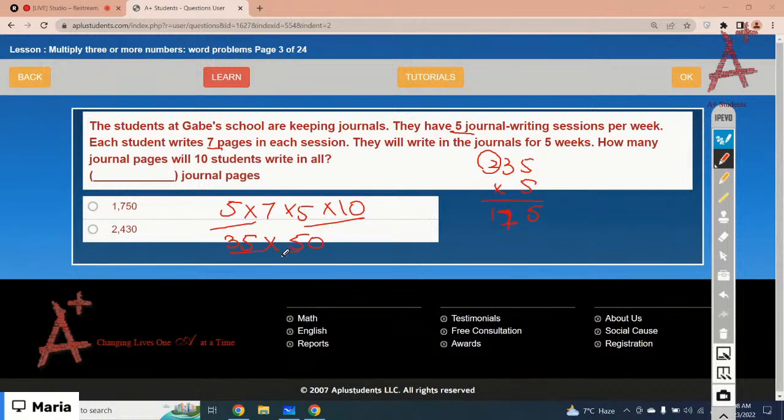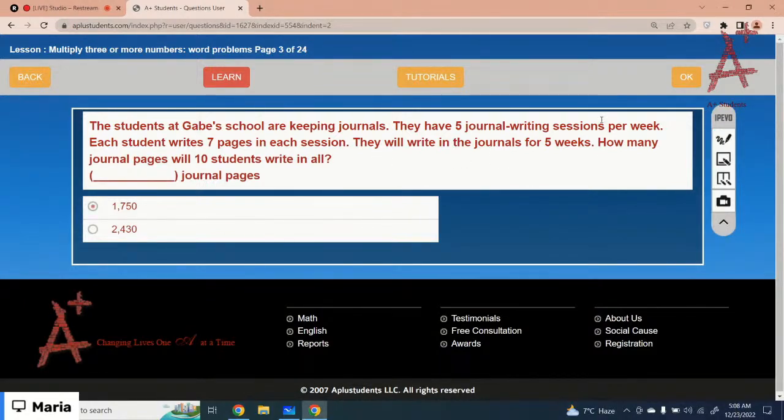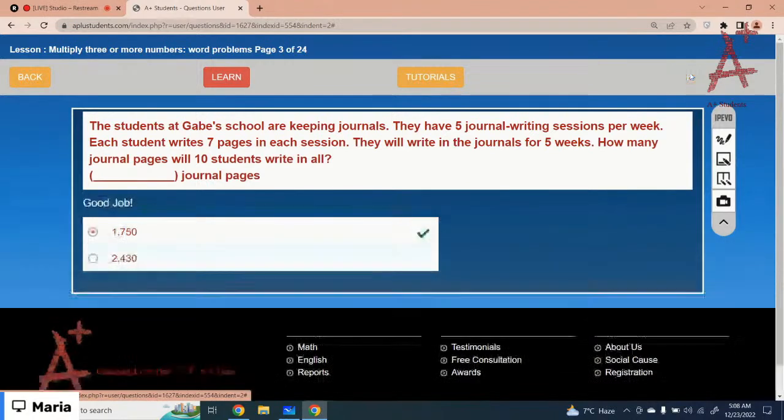So it would be 175 and add the 0. So it would be 1750. That means the total pages they write in 5 weeks and 5 journal sessions, 7 pages each, and 10 students can write 1750 pages in all. Got it? So just select the correct option. The correct option is 1750 and click on the OK button.